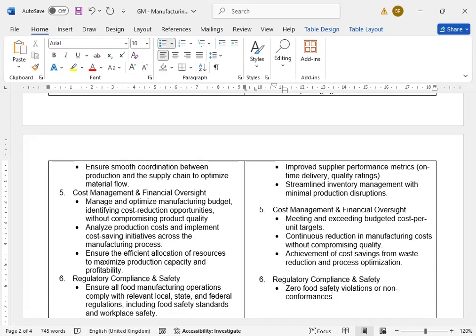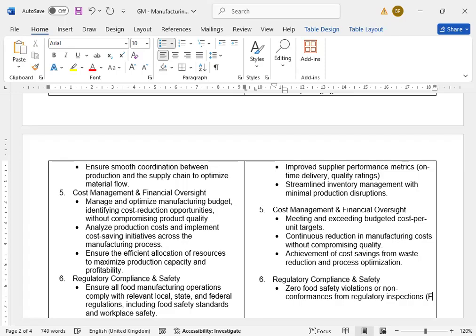Okay, non-conformances from regulatory inspections. What are these?